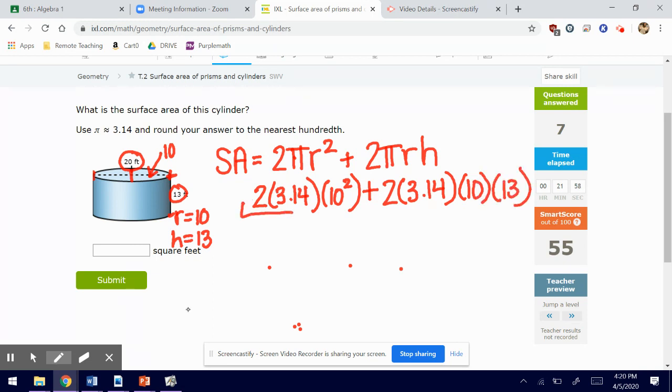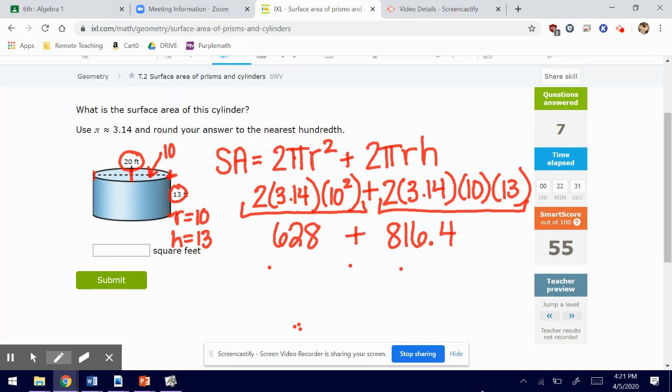All right, I'm going to do this part first in the calculator. 2 times 3.14 times 10 squared, and I get 628. Now I'm going to do this part in the calculator. 2 times 3.14 times 10 times 13, and I get 816.4.